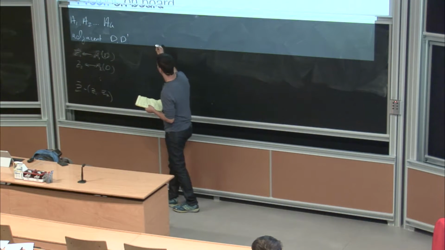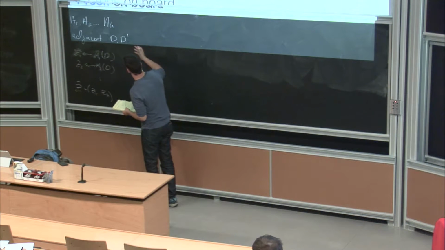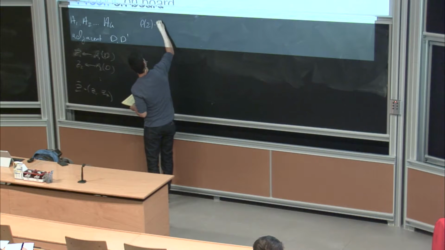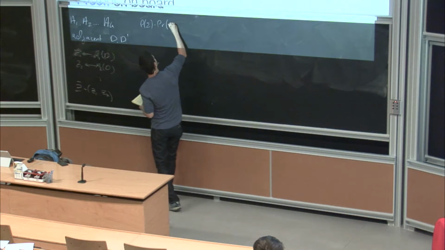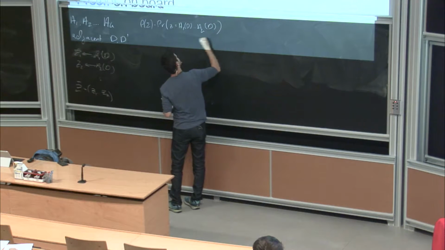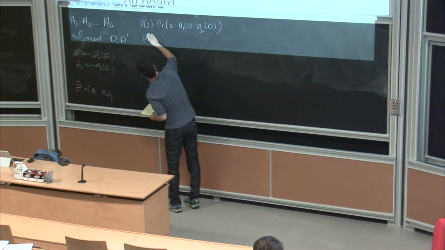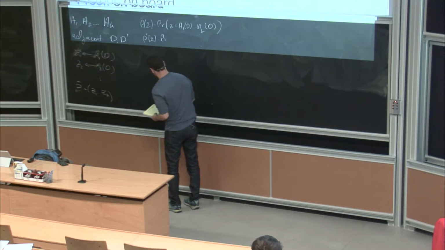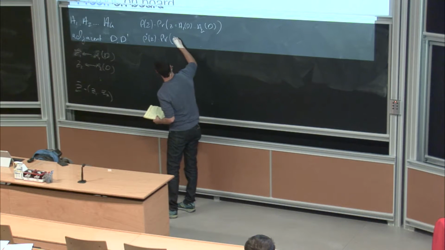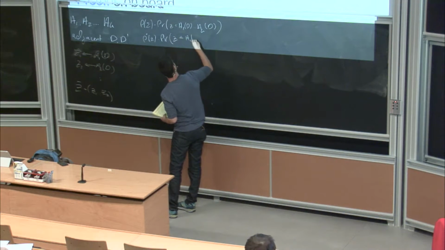I'm going to use this notation: P of Z is the probability that you get Z when running the algorithms A1 and so on on D, and P prime of Z is the probability when we run on D prime.